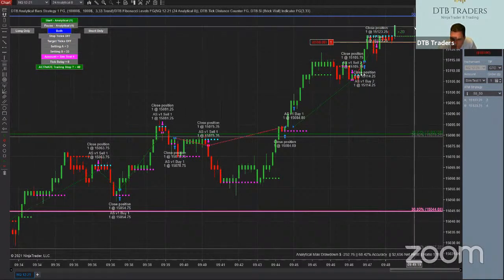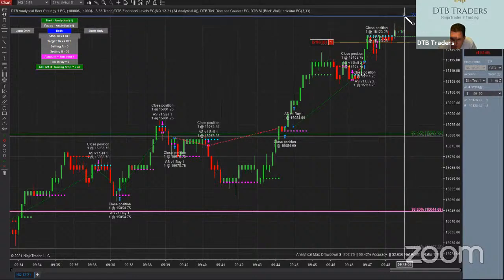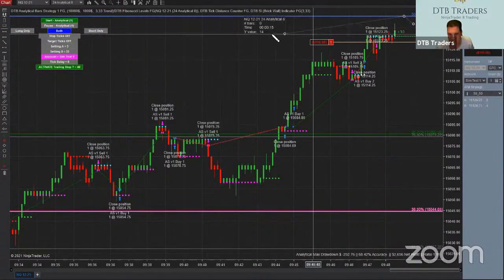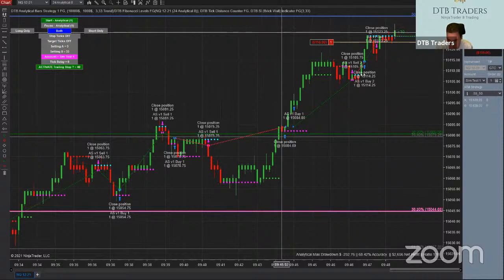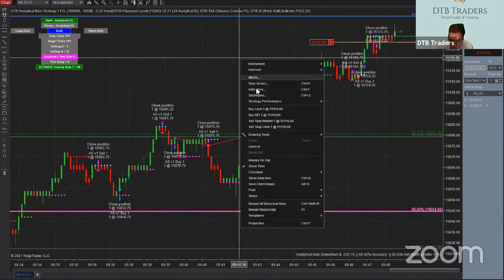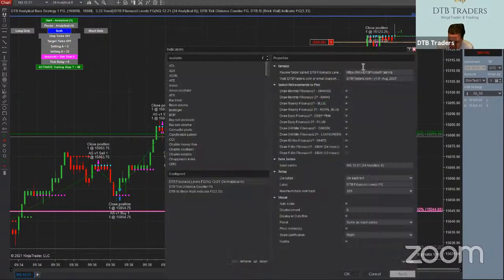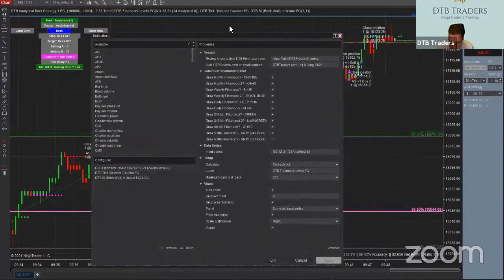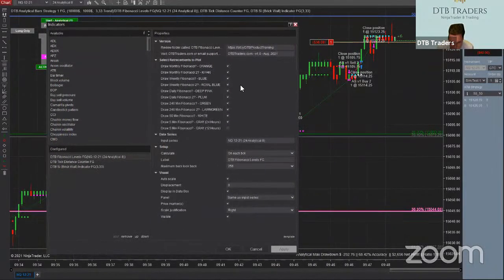We literally are 14 ticks away from that 50 Fibonacci level. Looking at that, again, that's a very significant Fibonacci level. You're looking at the weekly Fibonacci level. So that's the weekly 50%.